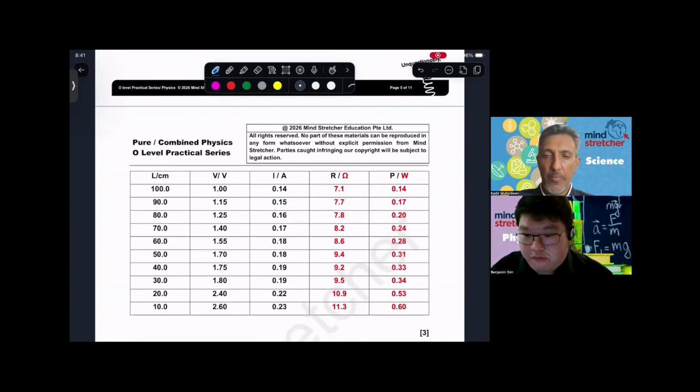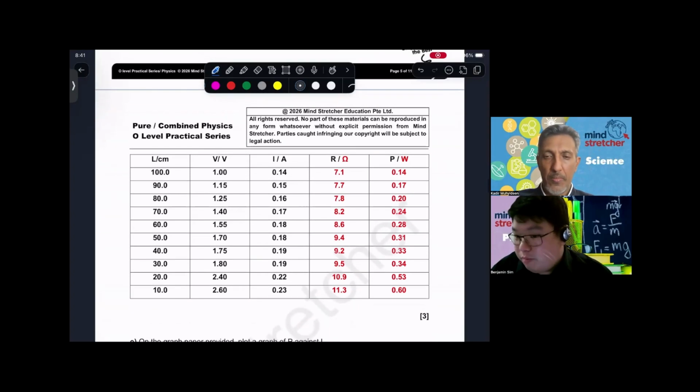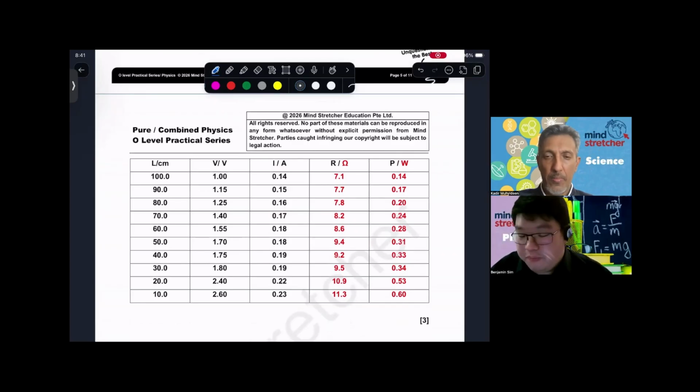We have all of the values here, and I will provide all of the rest for you. As you can see, we can calculate R using our formula V equals IR, so R equals V over I. We can find all of our R values, and we can also find our P value, which is the power. Remember your power is always measured in watts.